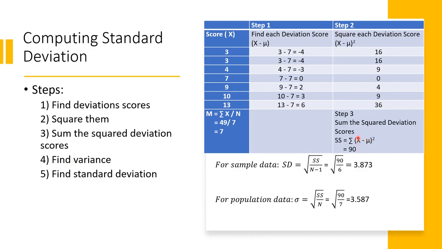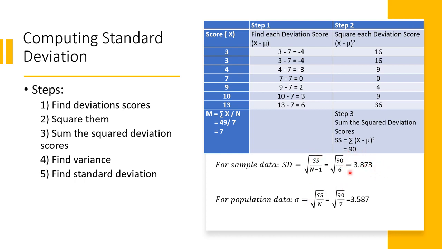The way you find the variance is you divide the sum of squares by either n-1 or n, depending on whether this data comes from a sample or a population. Then after you turn it into a variance by dividing by n or n-1, you then take the square root of that, and that will give you the standard deviation.